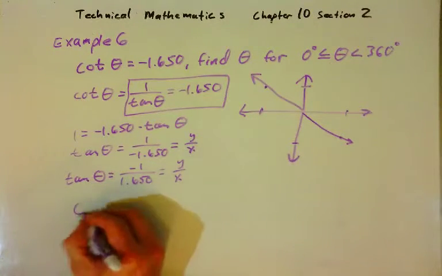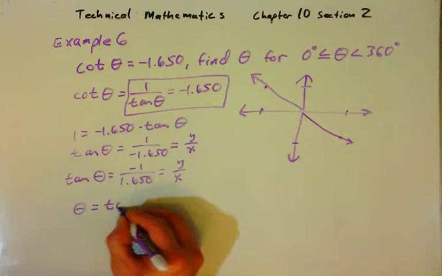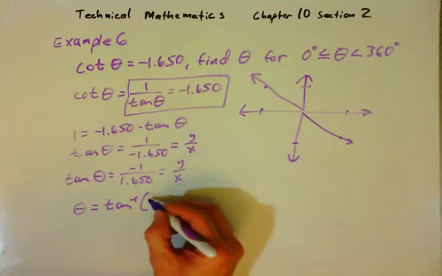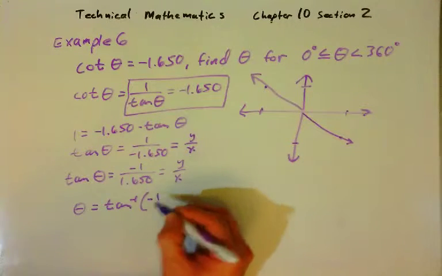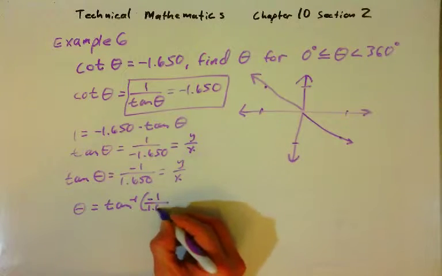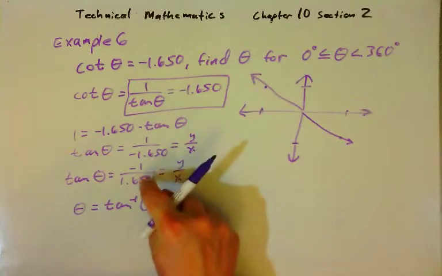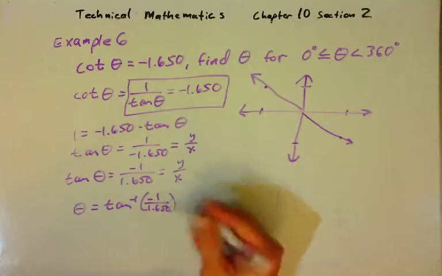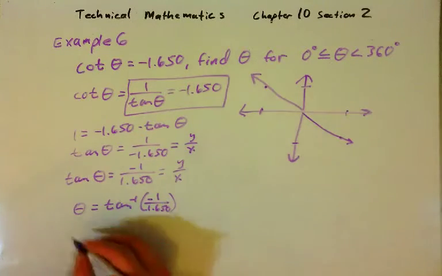And so we want to find theta. Theta will be the inverse tangent of negative 1 divided by 1.650. And it doesn't matter which one I use here. My calculator will give me the same answer. It doesn't matter where the negative is.